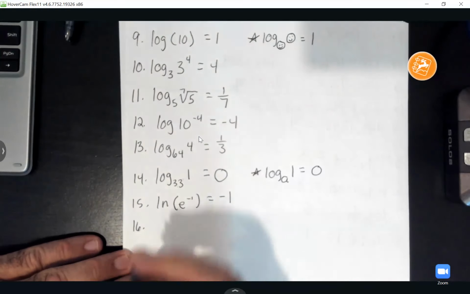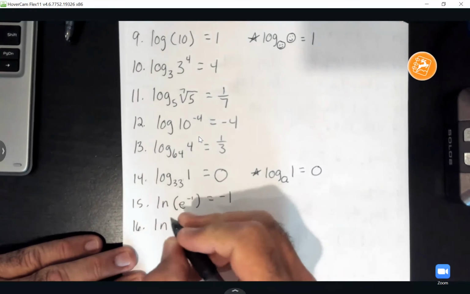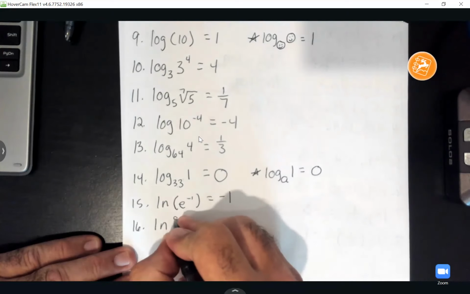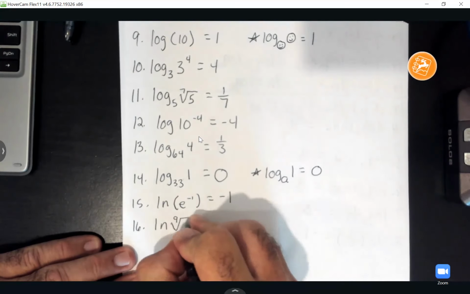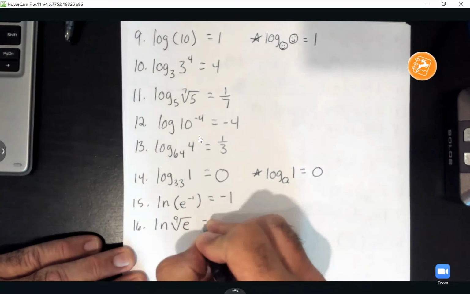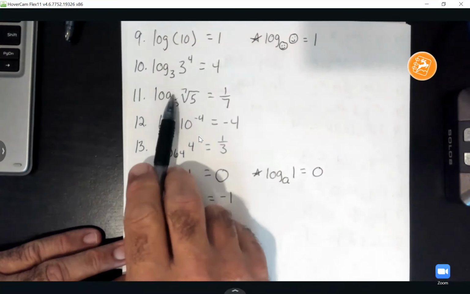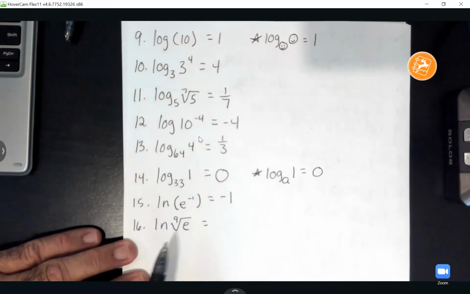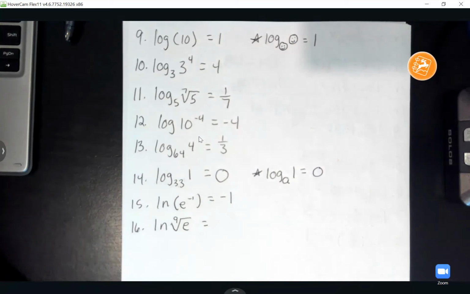All right, y'all, 16, ln of the 9th root of an e. This one's going to be really similar to number 11, except they're using an ln. So remember, that's really a log base e. So the e matches what's under that radical. So let's see what we get on that.